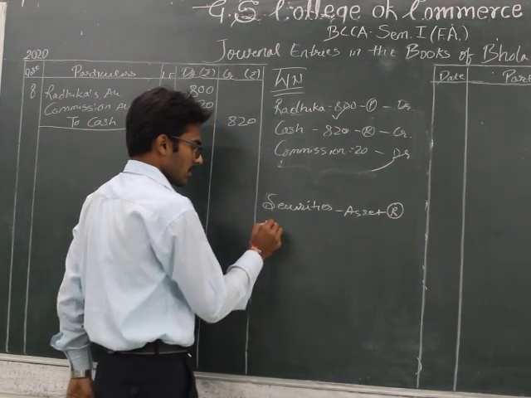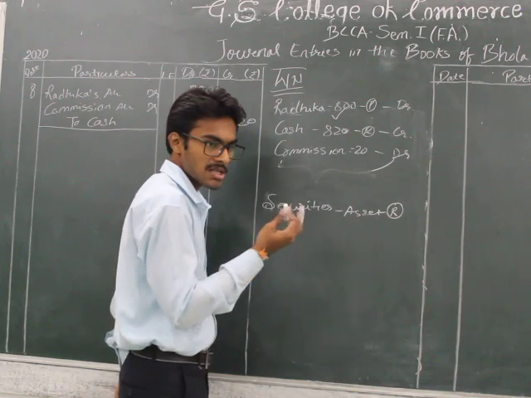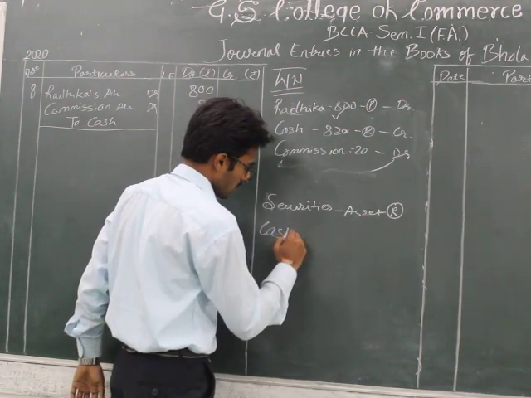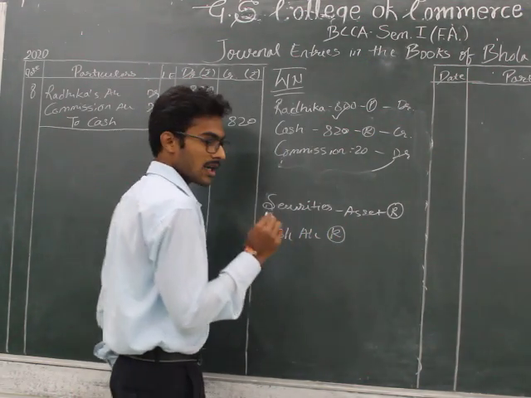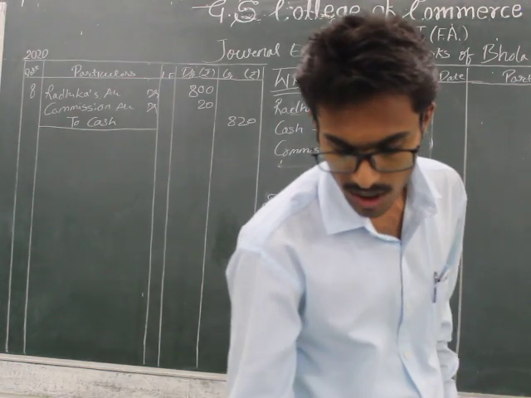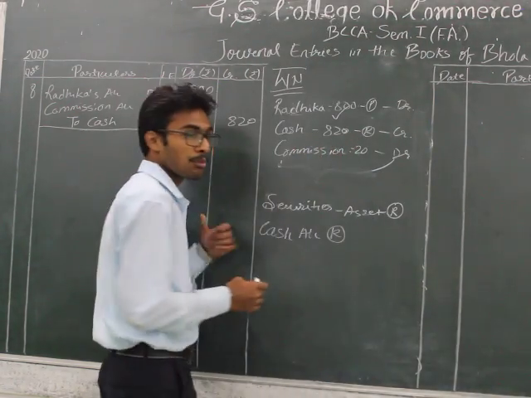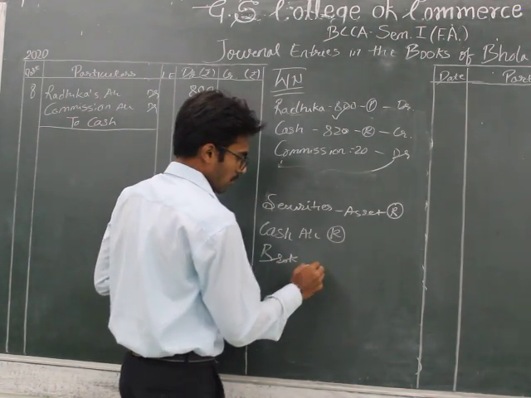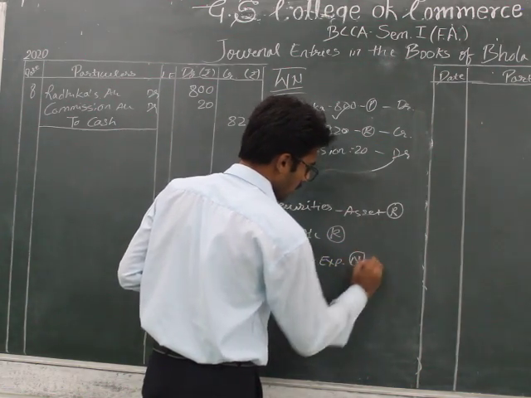And the other aspect is we are purchasing something. That means we have to pay something. So cash account, and this one is also a real account. And the other part of the question is paid brokerage. We are paying brokerage fees. So brokerage is my expense. Expense means nominal account.